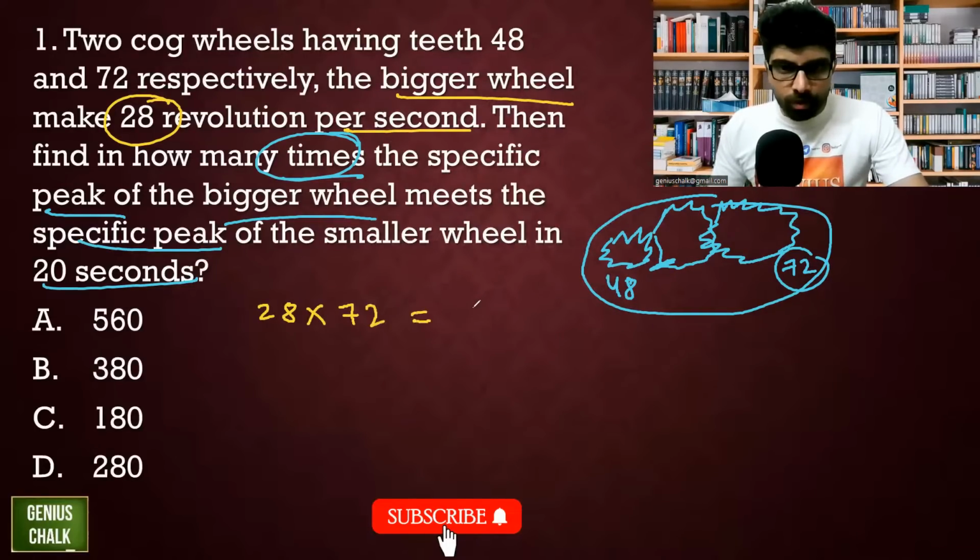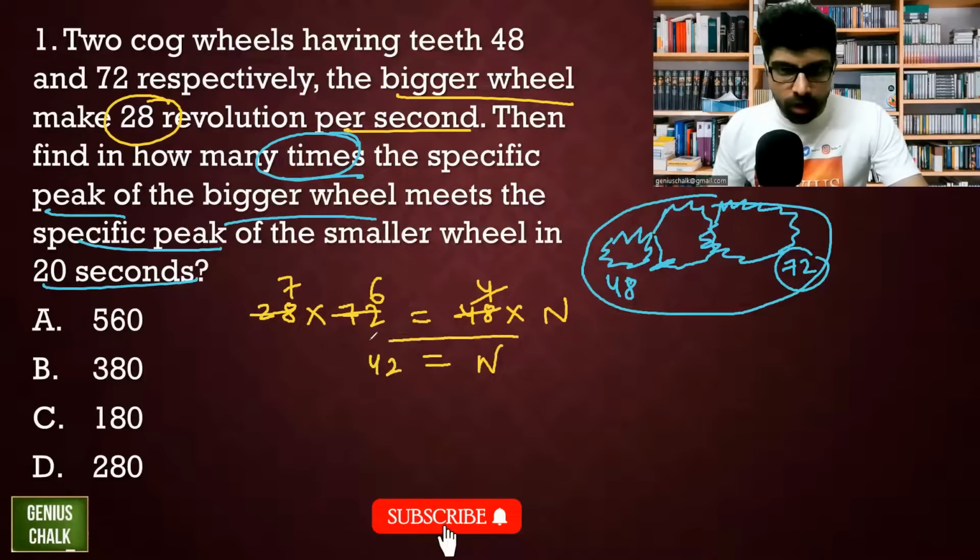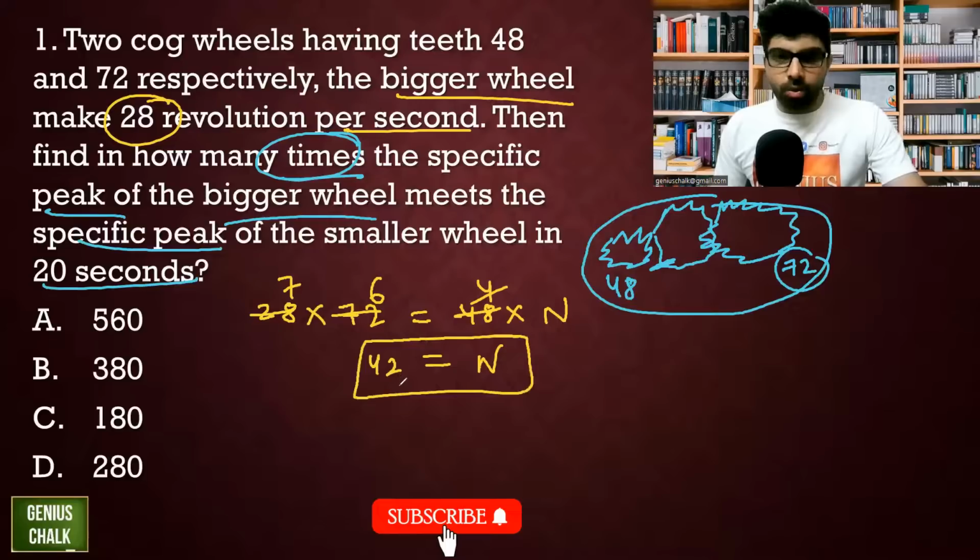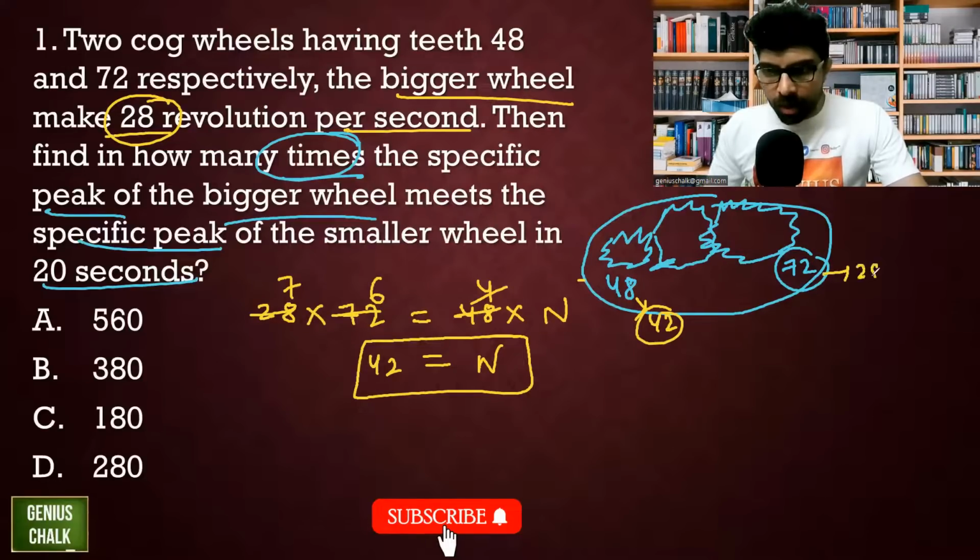The smaller wheel we have to find. Let's say it makes n number of revolutions. So it will be 12 6s are 72, 12 4s are 48, 4 7s are 28. That means it is 42. That means the smaller wheel is making 42 revolutions, while the bigger wheel is making 28 revolutions.